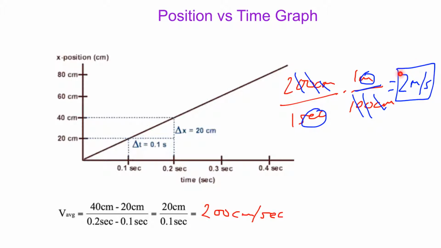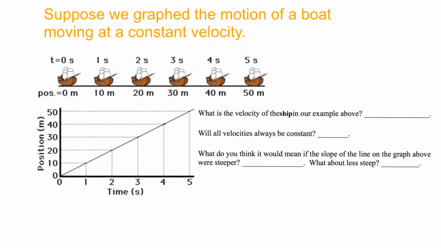If it was always 2 meters per second, what can we say about the velocity? That's right, the velocity was constant the whole time. Alright, so anytime that you have a position versus time graph and the line is linear, that's telling you that the velocity is constant.